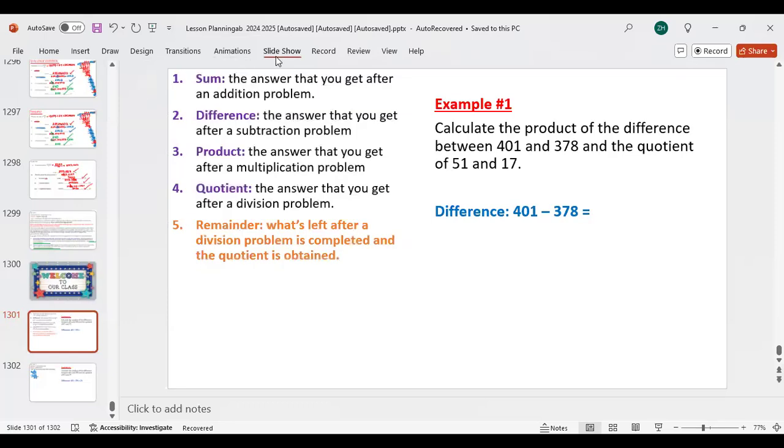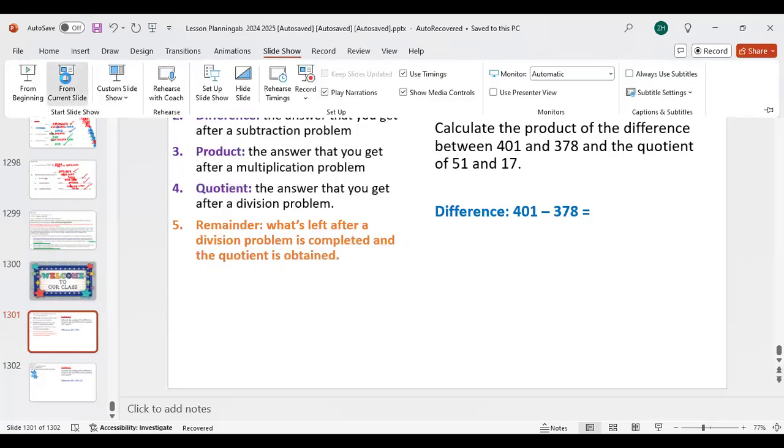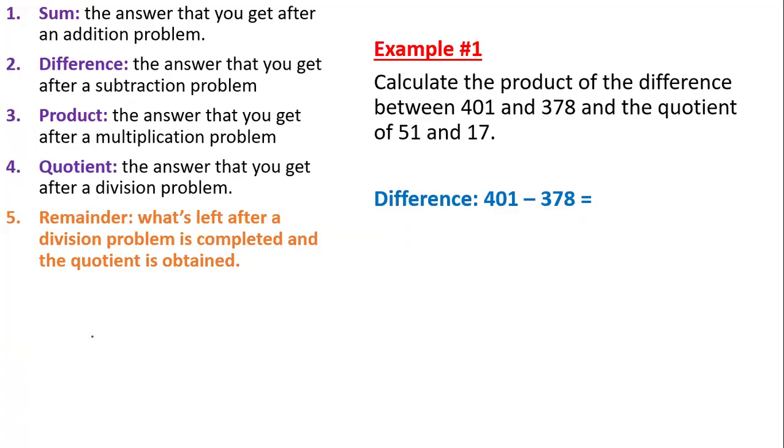So let me do the difference again. The difference is subtraction. So it's gonna be 401 minus 378. 1 minus 8, we can't do that, so it's gonna be 10.